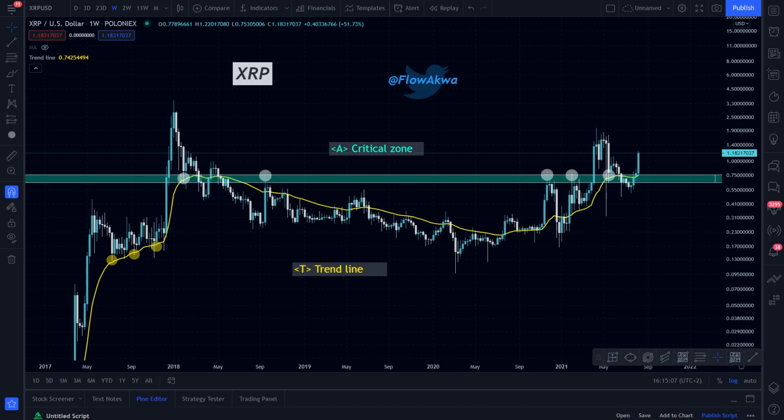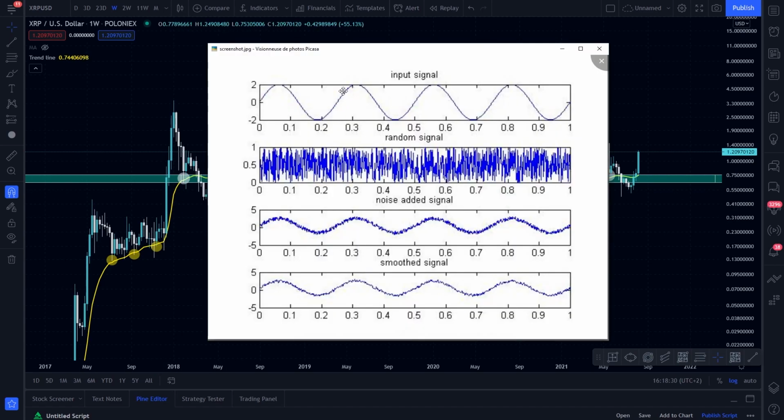And what's left? Without the noise, we get the trend. The trend is the price chart without the noise, without the volatility. So, if the trend is the price chart without the volatility, the trend is the equivalent of the first chart, of the input signal, okay?